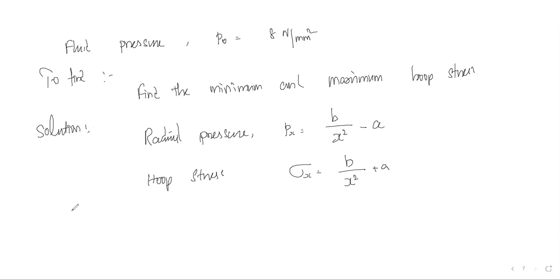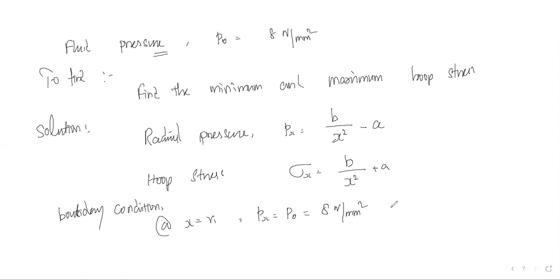So here we know the boundary conditions. At x equal to R1, px is equal to P0. The P0 value is the internal fluid pressure, which is 8 Newton per mm square.